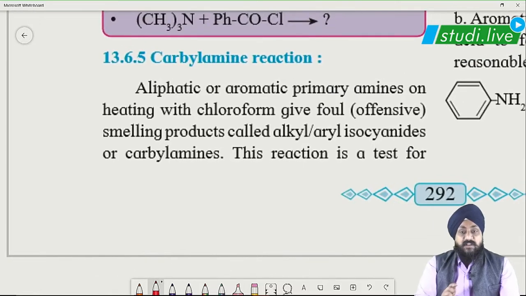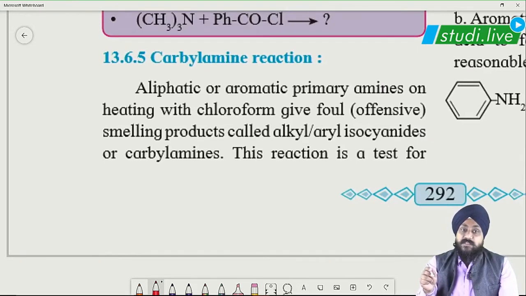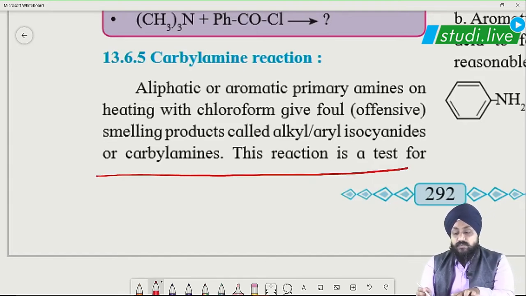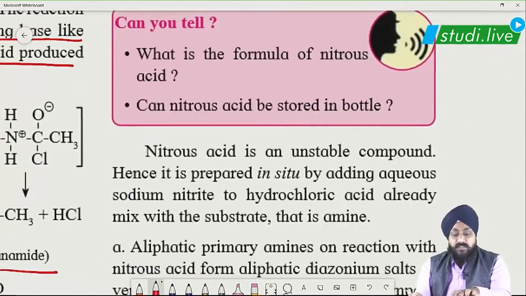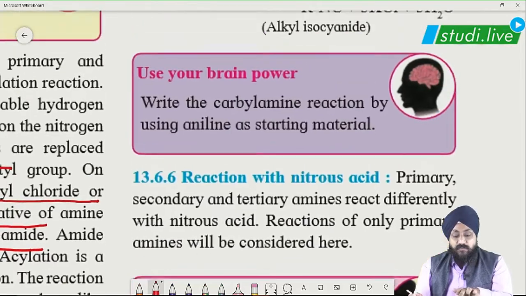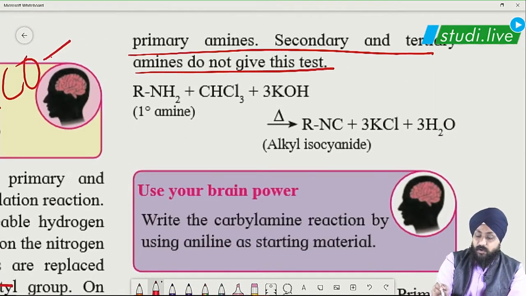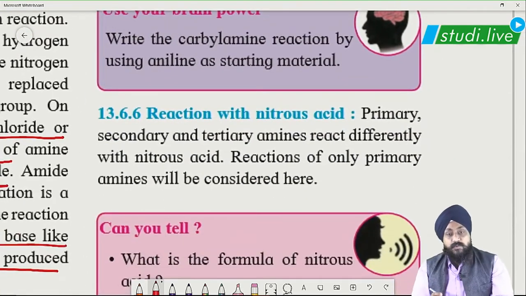Yes, so you say aliphatic or aromatic primary amine on heating with chloroform is going to give you an offensive smelling compound called alkyl or aryl isocyanide or carbylamine, and this reaction is used as what, students? It is used as a test for your primary amine. Secondary and tertiary amines do not give this test. This is important, students.